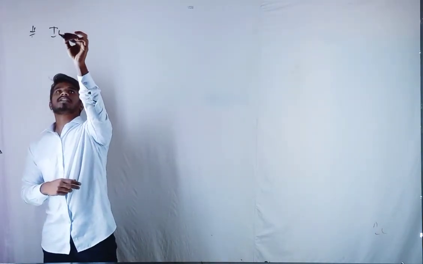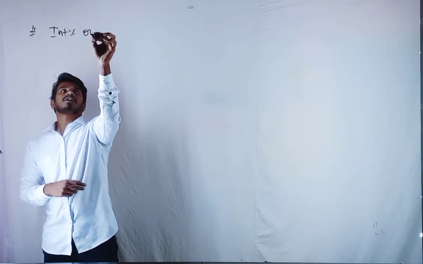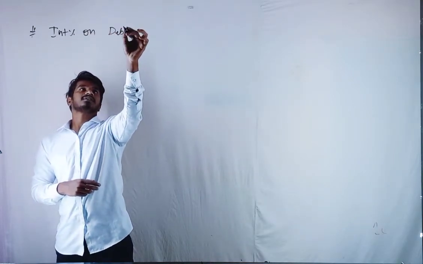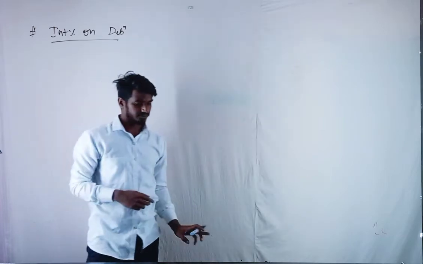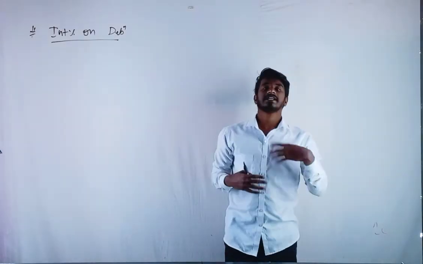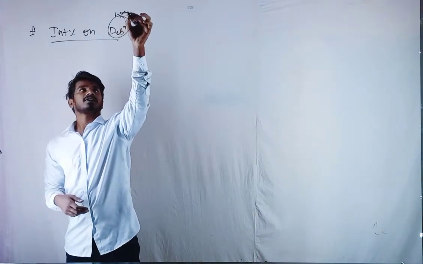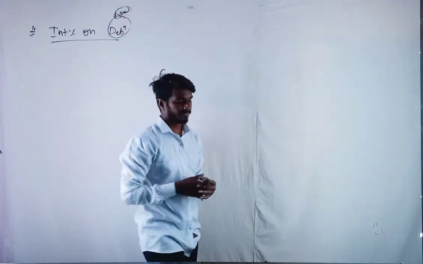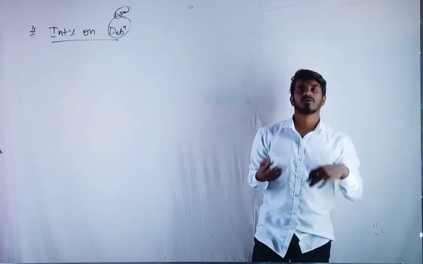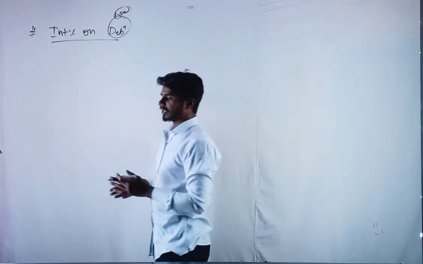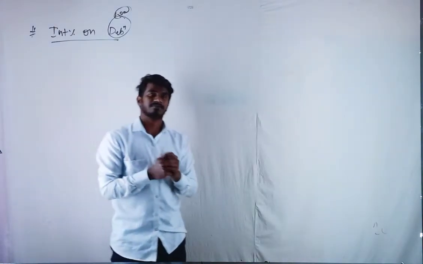The next concept is interest on debenture. So what is interest on debenture? Debenture is a loan. If we take a loan from anyone, from a bank or from your friends, whomever it may be, we should pay interest, right?